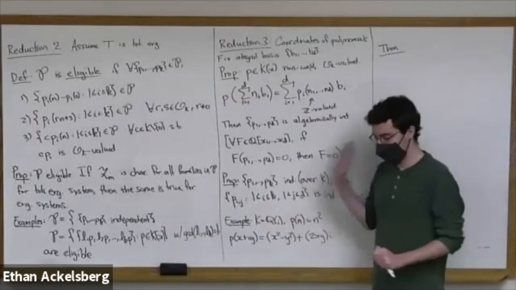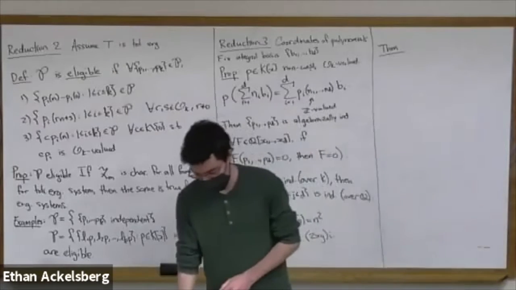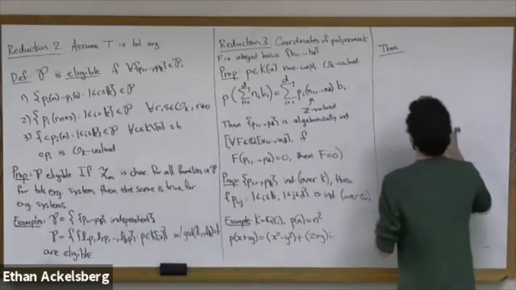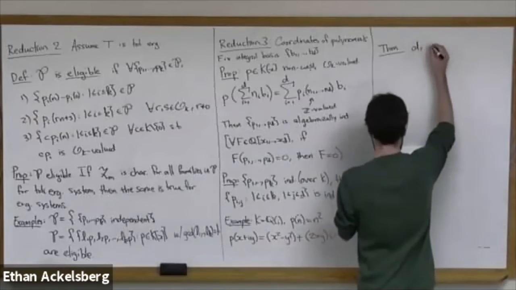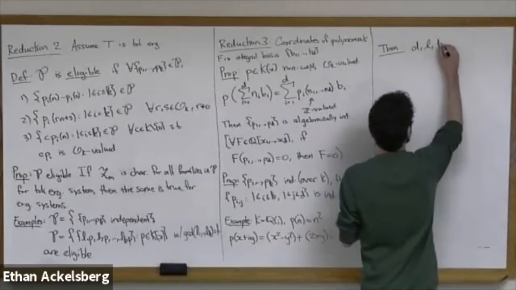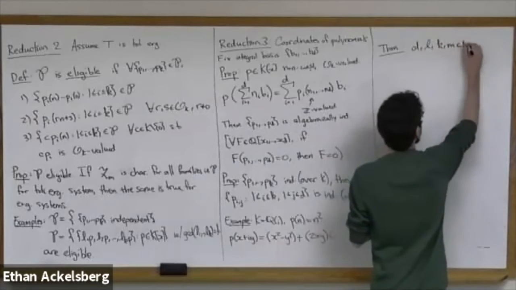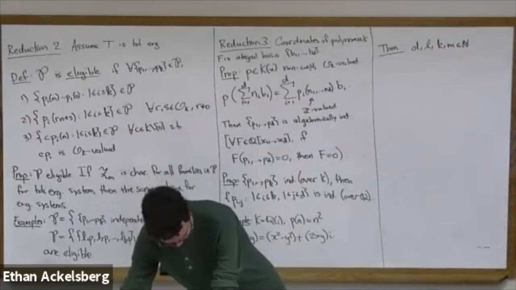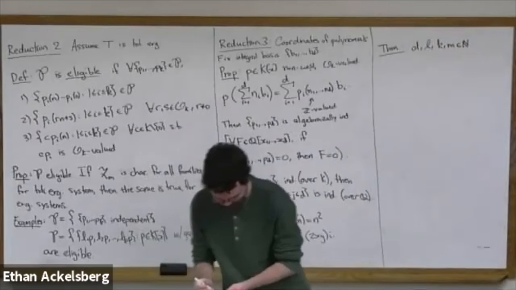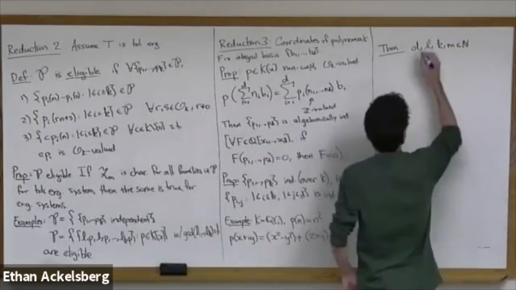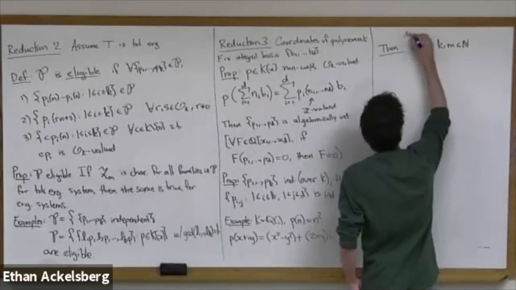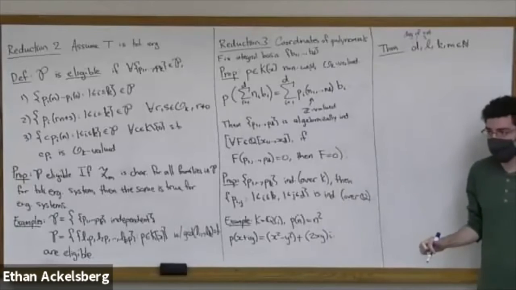And so we can phrase a result that no longer references number fields and rings of integers, it's just about Z. So I'm going to take d, l, k, and m to be natural numbers. Let me annotate this with what each of these numbers represents. d and l here are both playing the role of the degree of the field extension.